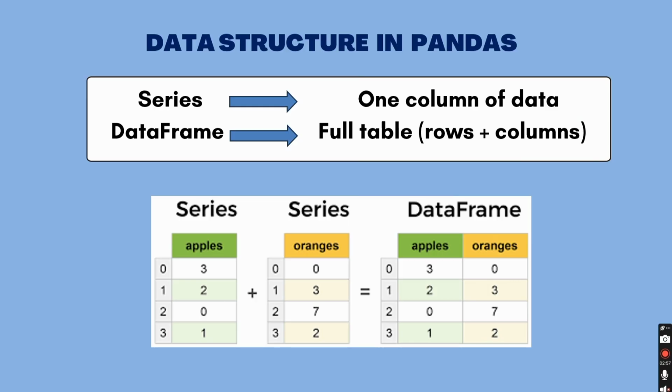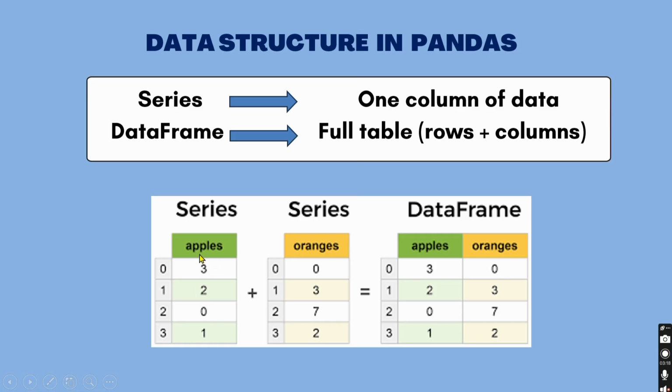We just talked about how Pandas has two important data structures. The data that Pandas generally deals with has two important structures. The first one is series and the next one is DataFrame. A series is like a column of data. For example, you are seeing this image in front of you.